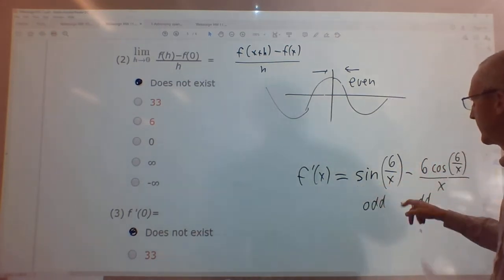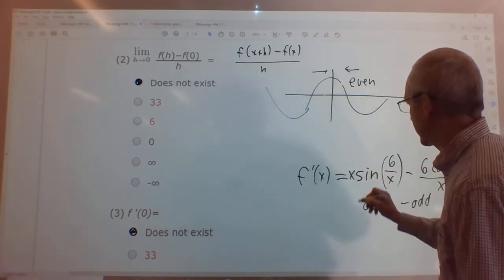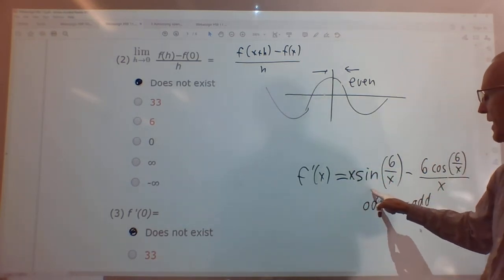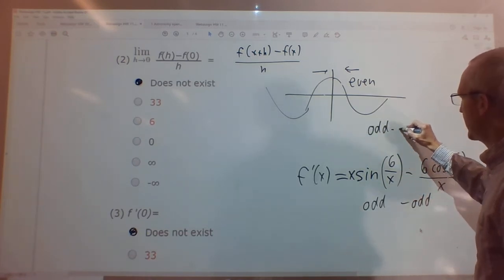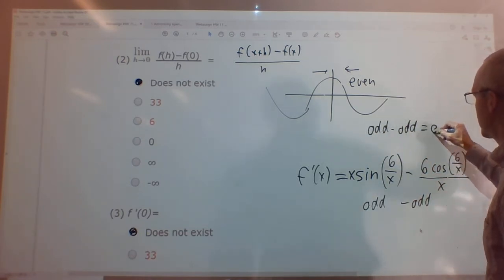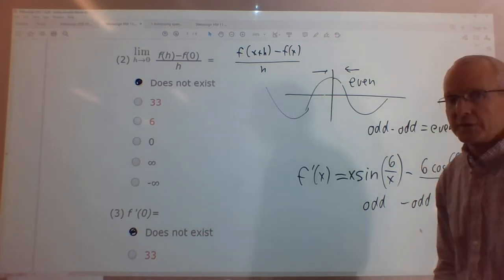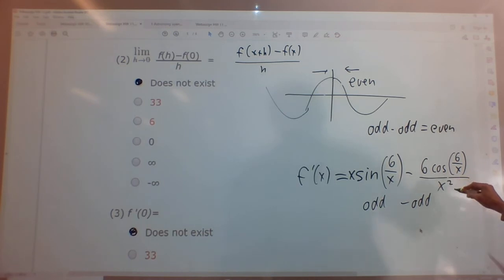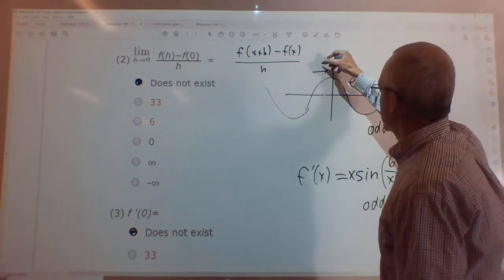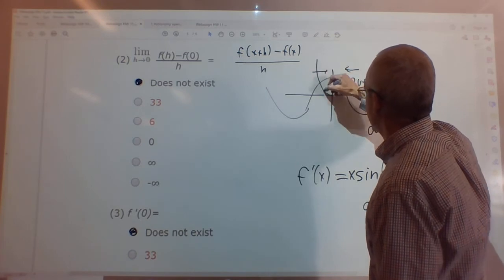Now, what if this was x sine x? Then this would be an even function, because an odd times an odd is equal to even, and then it's the same on both sides. Now this one, if this was like an x squared in the bottom, then it would also be even, because cosine is even, x squared is even, because x squared is the same on both sides, right? x squared looks like this.